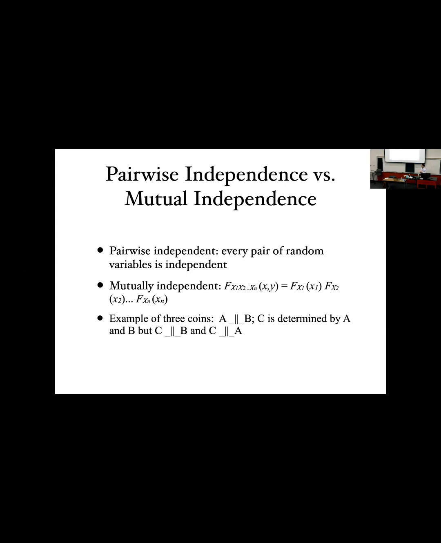But you can construct a lot of examples in which variables are pairwise independent but not mutually independent, and this is a violation of faithfulness. I will explain why later. So for now, keep this example in mind. This is known as the three-coin problem. And this example is clear, right?